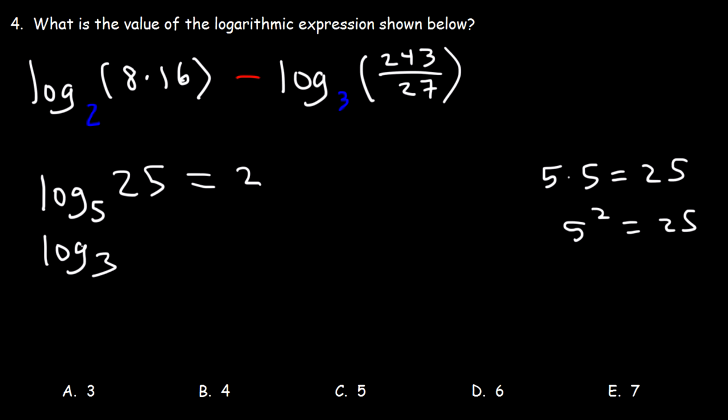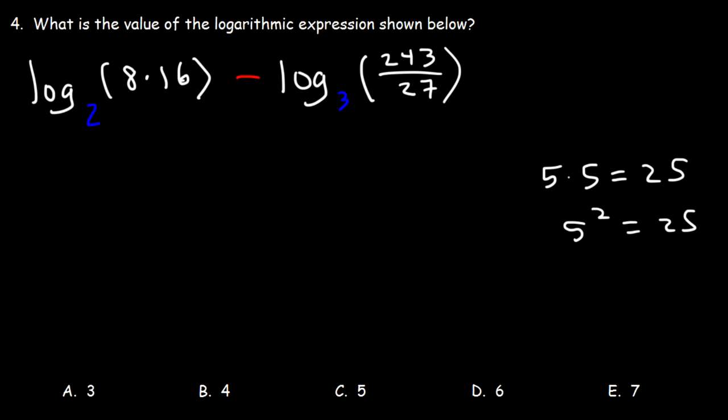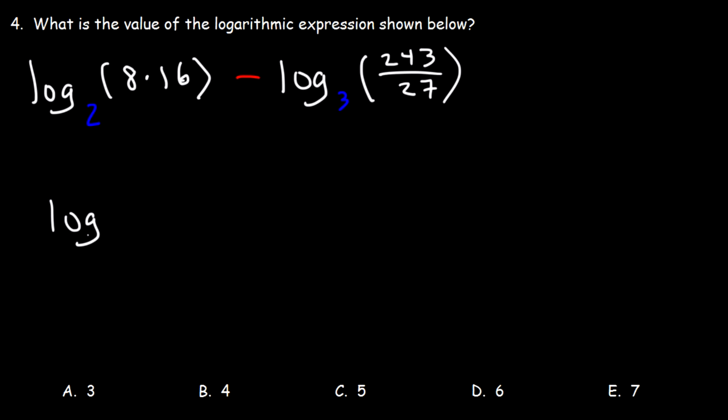Log base 3 of, let's say, 9 is also 2, because 3 squared is 9. Now let's try some more examples. What is log base 4 of 64? How many 4s do we have to multiply to get to 64? 4 times 4 times 4 is 64.